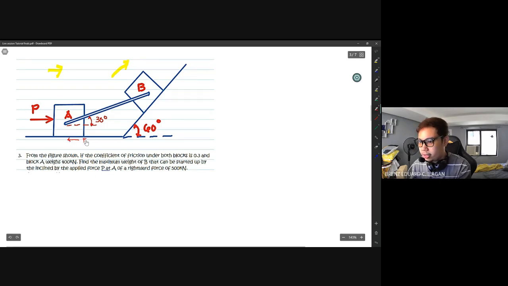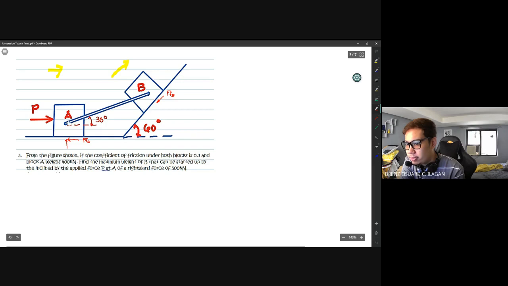This is the frictional force for A, and this is the frictional force for block B. But we won't need them directly, because it is better to use the resultant of the normal force and the frictional force.